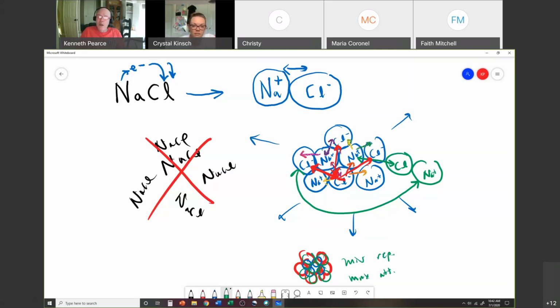Okay? So when we have an ionic compound, there is no single molecule. It's a bunch of attractions and a bunch of repulsions all together. When we say sodium chloride, we say this is the smallest unit.